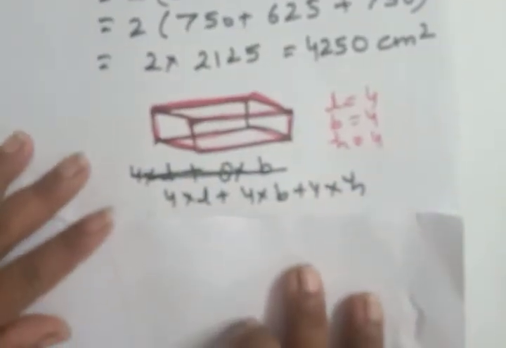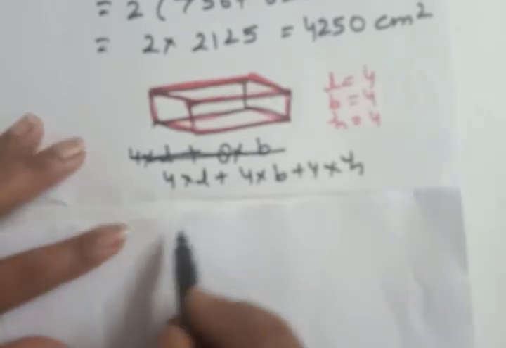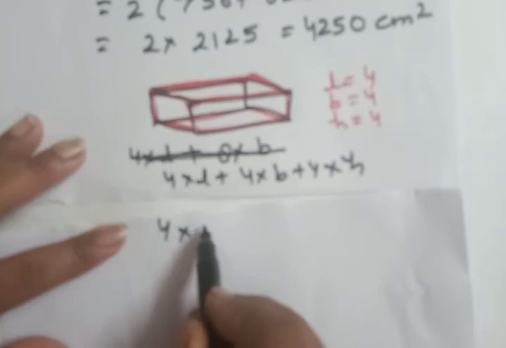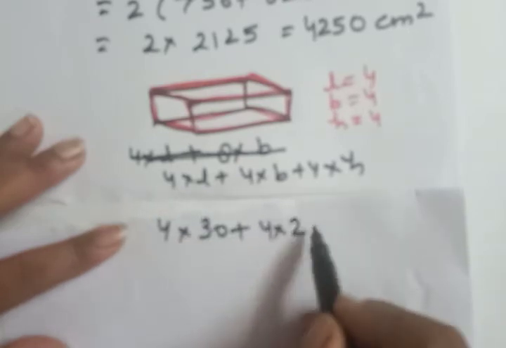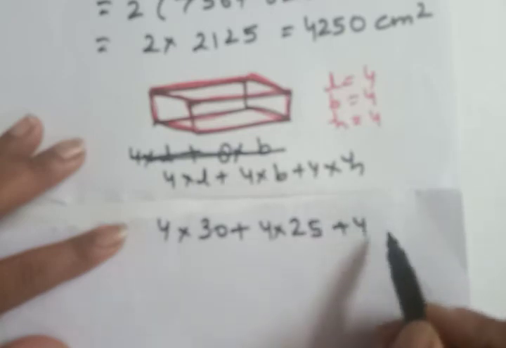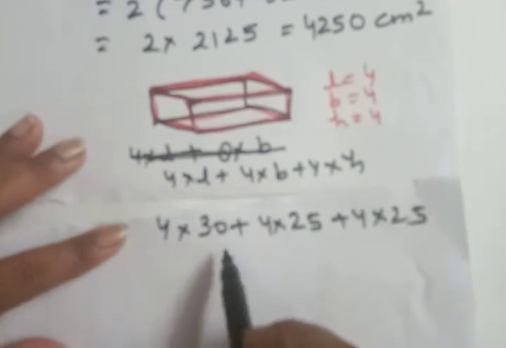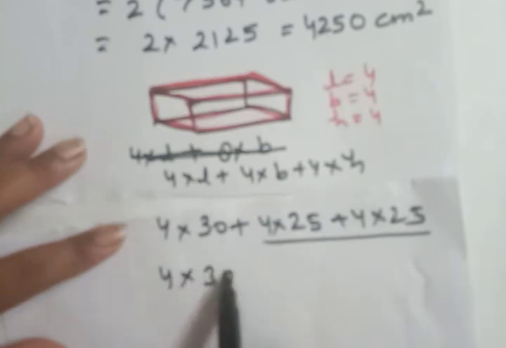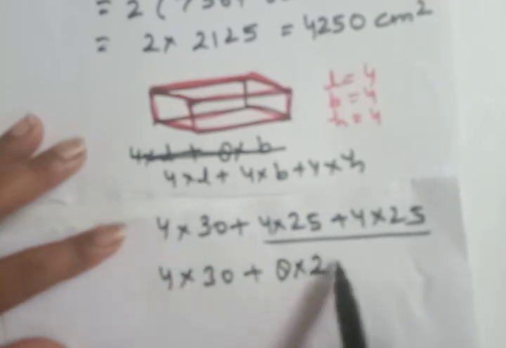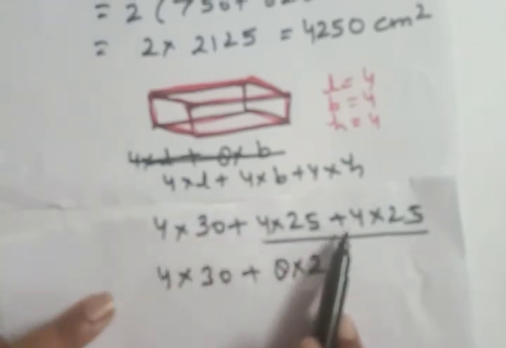So when we put the values, 4 into 30 plus 4 into 25 plus 4 into again 25. Or we can write directly, since these are the same, 4 into 30 plus 8 into 25. To make you understand, I have written this.